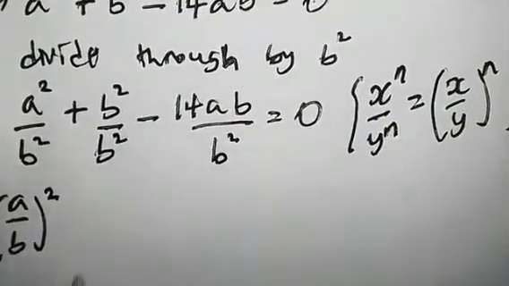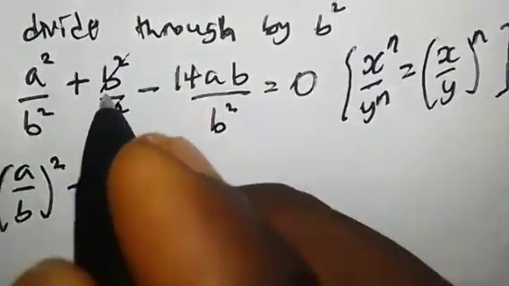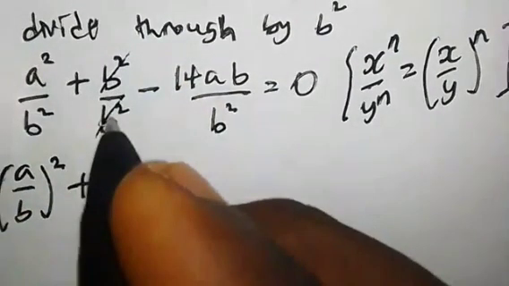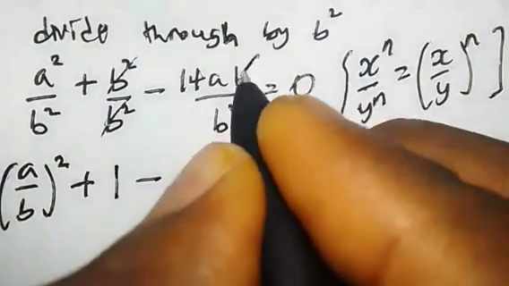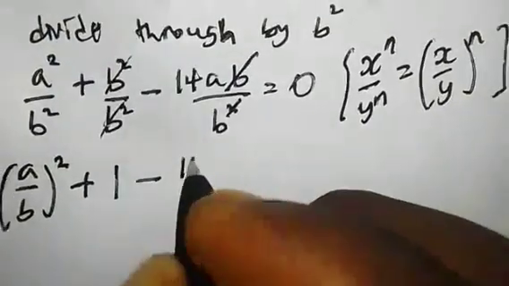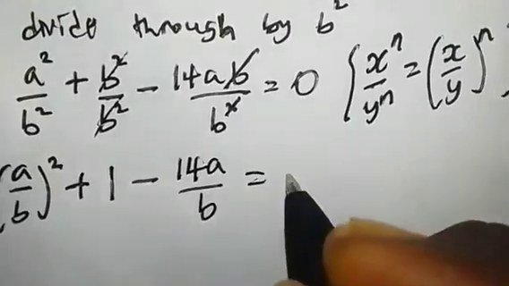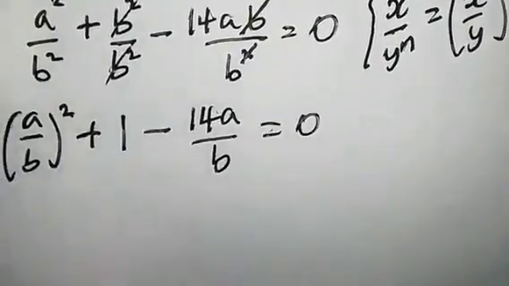Let's continue. b square over b square cancels. Also here, this particular b cancels one of these b. We are left with 14a divided by b equal to 0.